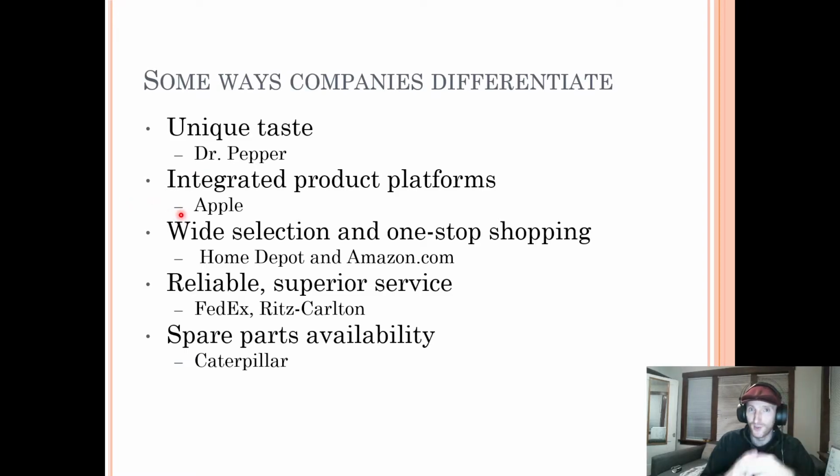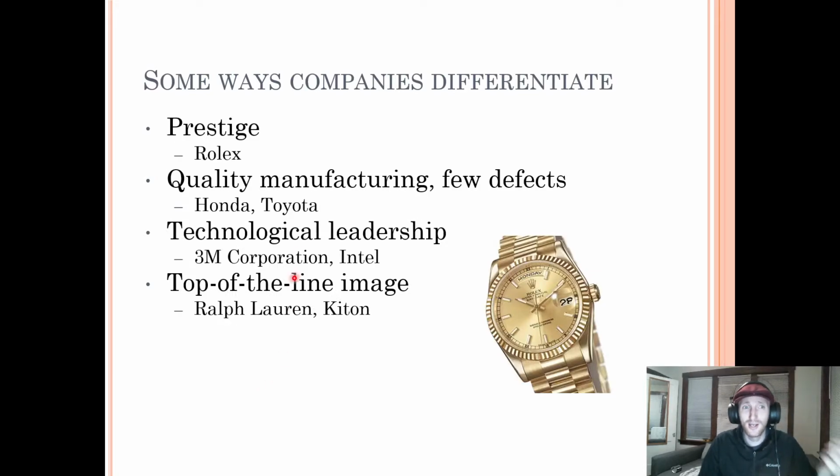So Apple has their whole ecosystem of products that work together, wide selection and one-stop shopping, reliable, superior service, so maybe Ritz-Carlton or FedEx. Caterpillar, heavy machinery company, spare parts availability. I mean, that could be a way of differentiating. Be differentiated on prestige, maybe quality manufacturing, as in the case of Honda and Toyota, technological leadership, or just top-of-line image, okay, from like Ralph Lauren or something like that.